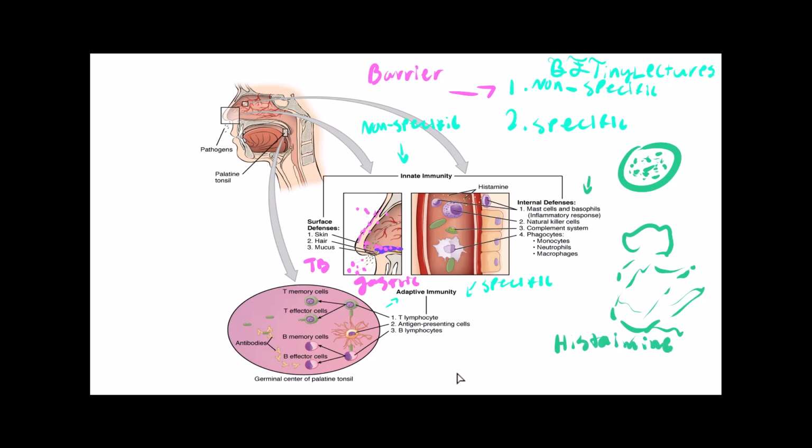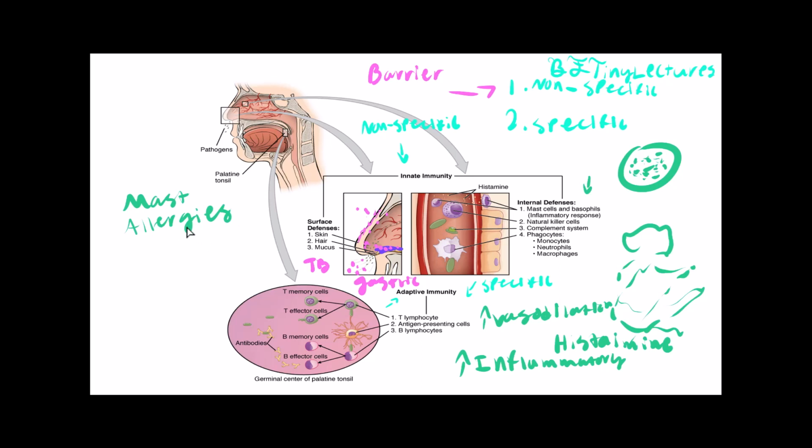And histamine is going to increase the inflammatory response, and it also increases vasodilation. A good example of when a mast cell will explode is when you have allergies. So these guys, the mast cells, are typically for allergies, but they don't have to be. But a good example are allergies.